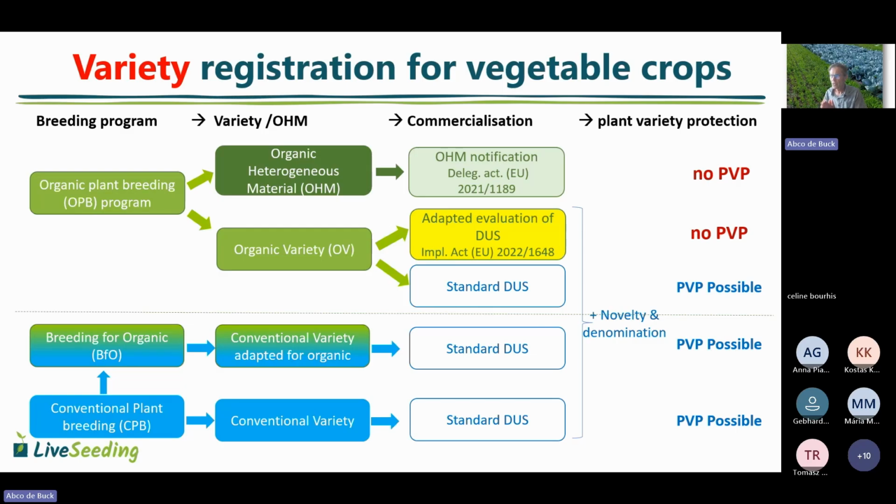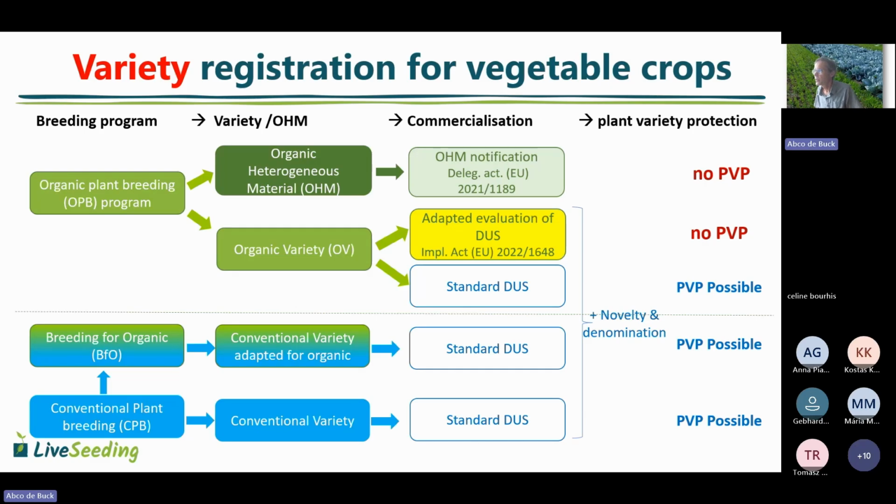So again, an organic variety coming from a real organic plant breeding program under organic conditions, and also compliant with the definition of organic plant breeding, can use the adapted evaluation of DUS, meaning that more flexibility is allowed on uniformity.